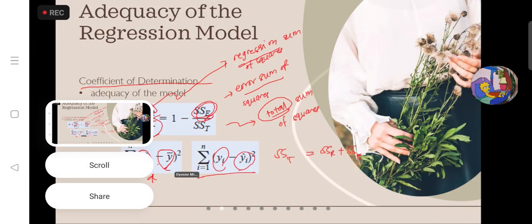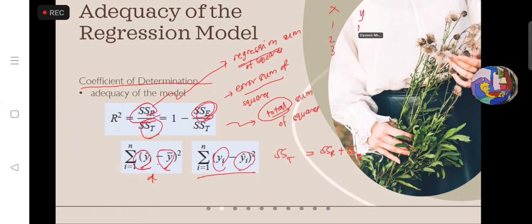So if our data looks like this, x equals 1, 2, 3, y equals 1, 2, 3, and then our y hat equals 1 plus 2x. To solve for this one, our y bar is just the summation of y divided by n. So sa ato ang y bar, 1 plus 2 plus 3 is 6, divided by 3, our y bar is 2.